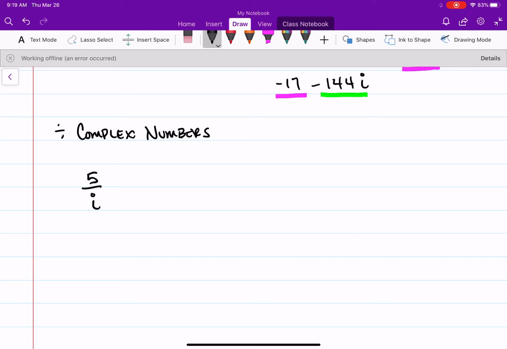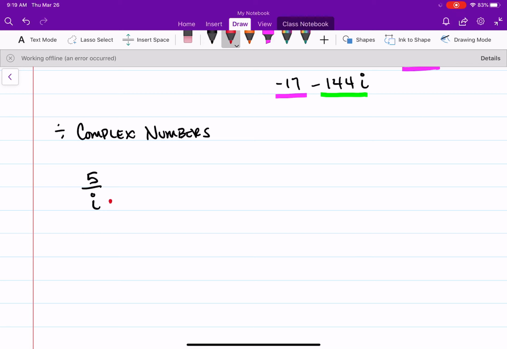With radicals, we knew that we can't have radicals in the denominator, and that's why you learned how to rationalize the denominator. However, remember that i is actually the square root of negative 1, so it's actually a radical. So that means since radicals can't be in the denominator, the i's cannot be in the denominator as well. Now, if the denominator is a monomial, it's really easy.